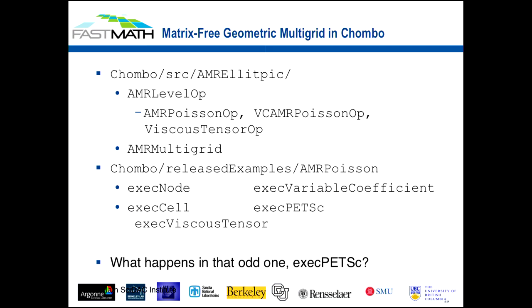So we've built our own geometric multigrid into Chombo that you can call. This is a Helmholtz operator, that's variable coefficient Helmholtz, and that's a viscous tensor operator. They all derive from AMR level op. And AMR multigrid knows what to do with these types of operators, and it'll execute our geometric multigrid algorithm for you.